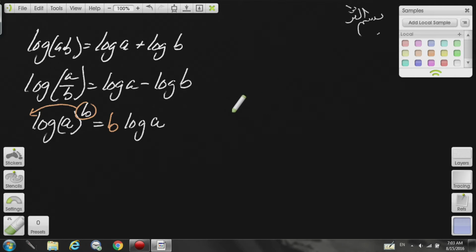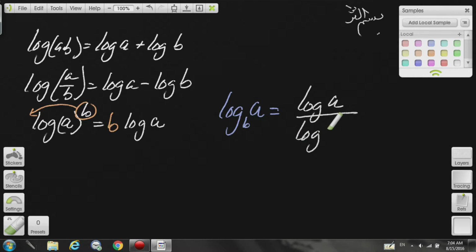And the fourth rule is this: log base b of a, see here all the bases were 10 just to simplify things, you can rewrite as log of a over log of b with any base. I chose base 10 here, but you could do it for any base.